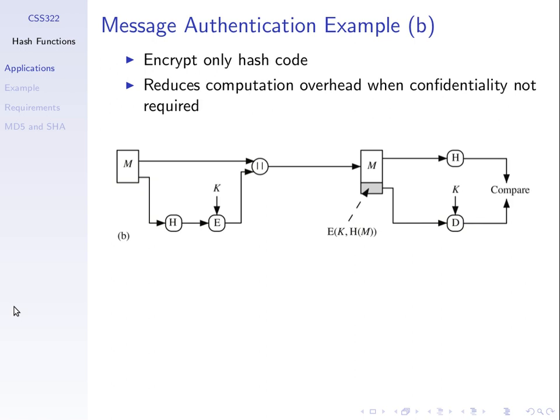The malicious user tried to modify the message and calculate a new hash value. That was unsuccessful because the malicious user didn't know the secret key K. The second approach, modify the message and reuse the old encrypted hash value. That was unsuccessful because of the collision-free property of our hash function. The hash of two different messages should be different hash values.